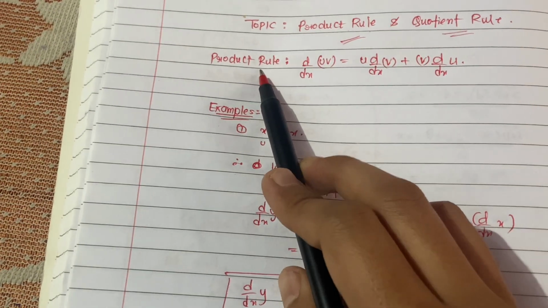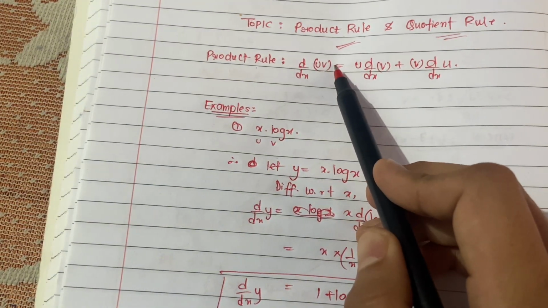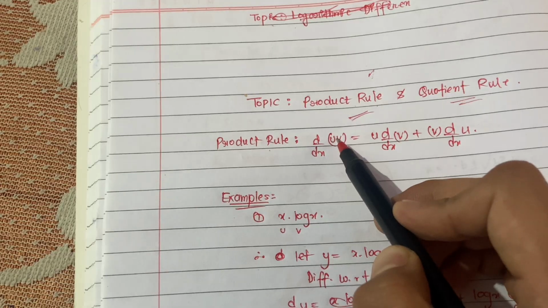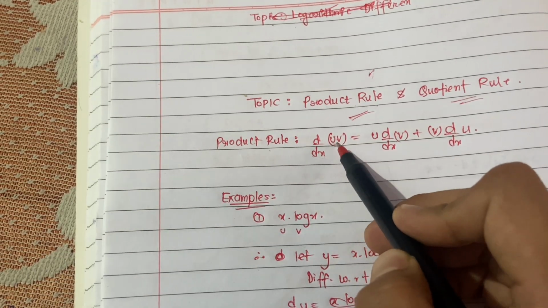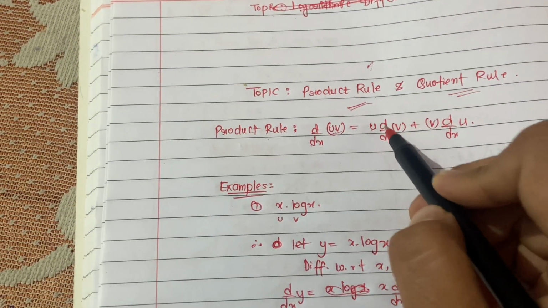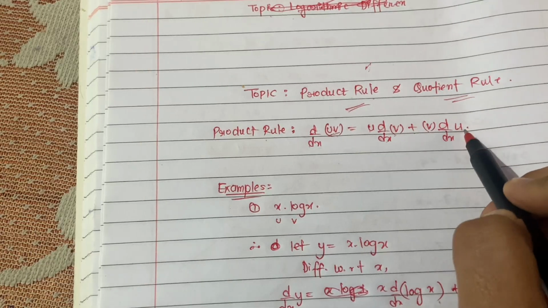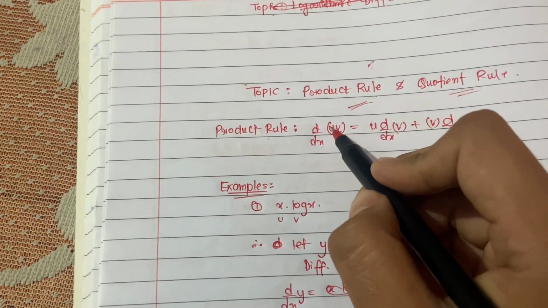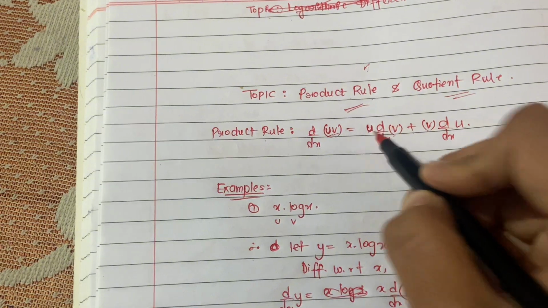First one is the product rule. So d by dx of u into v, product means multiplication, isn't it? So here u is being multiplied with v, so differentiation of u multiplied by v equals u d by dx of v plus v d by dx of u. You need to remember here u comes first, so here also u will come first.